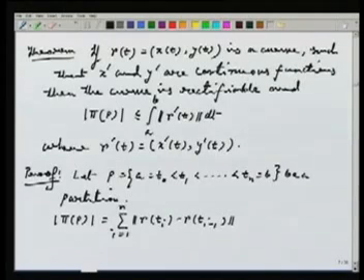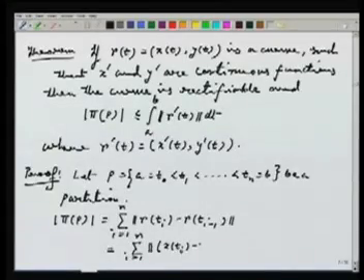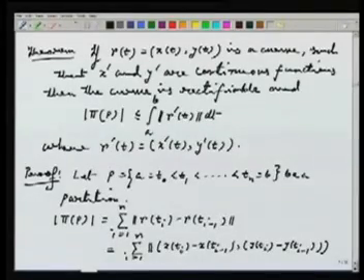Okay. Now, this is the quantity which I have to play around with. Well, I write that as now summation i from 1 to n norm of (x(t_i) minus x(t_{i-1}), y(t_i) minus y(t_{i-1})).